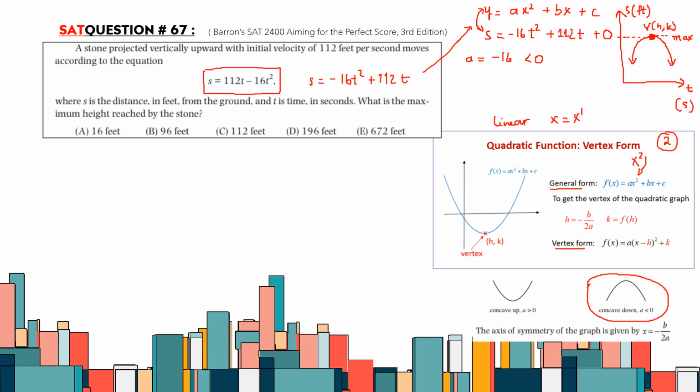In this case, we'll try to find the s maximum. This is the height. This is time.